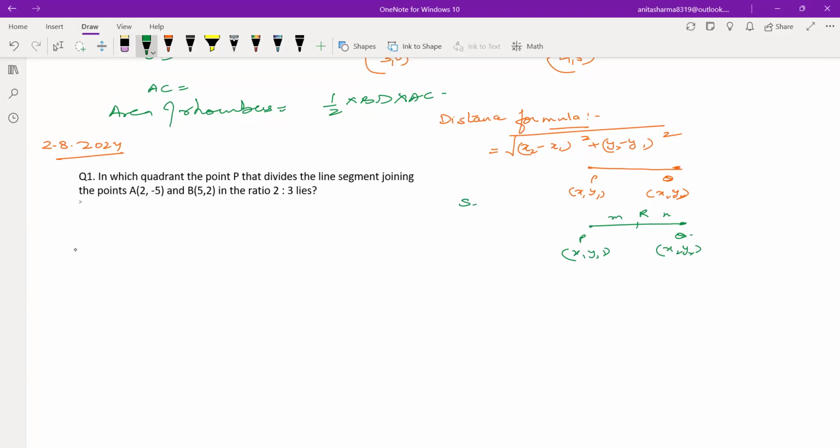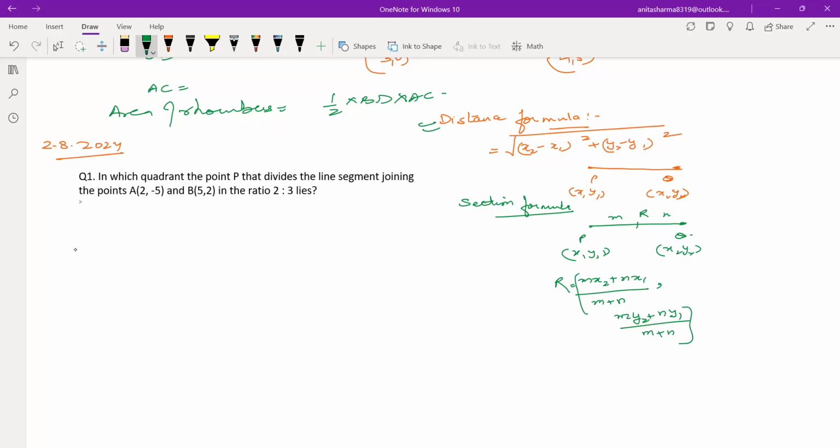Rizwana, what is your section formula, beta? mx2 plus nx1 by m plus n, comma my2 plus ny1 by m plus n. Yes, very good, beta.